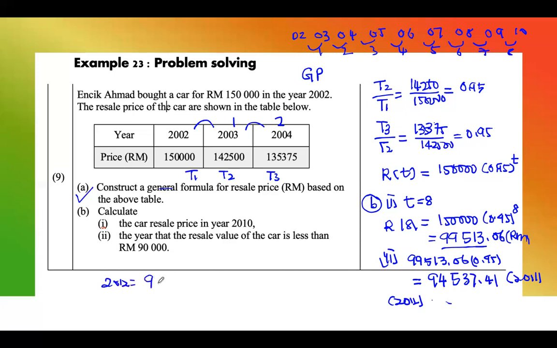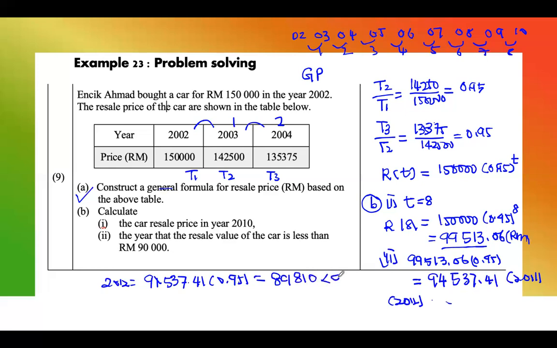So it's 94,537.41 times 0.95. So you get 89,810.